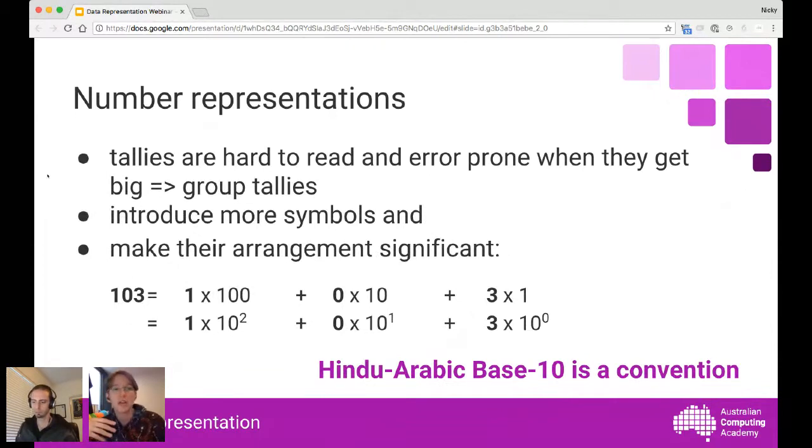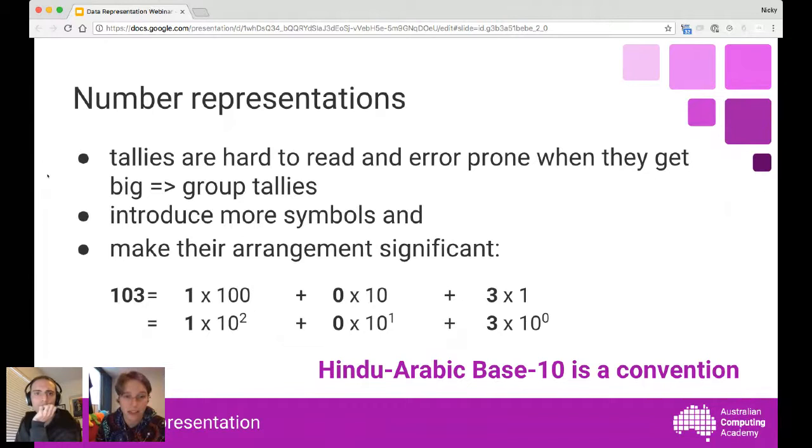If we look up how the number 103 is formed, what this actually represents is 1 times 100 plus 0 times 10 plus 3 times 1. And if we take that apart, then hopefully students will start to see parallels between not just data representation and what they use in day-to-day life, but also understand a little bit more about how maths works, how numbers work.